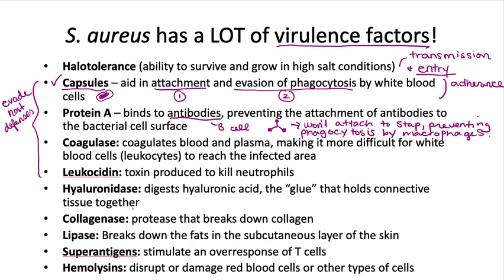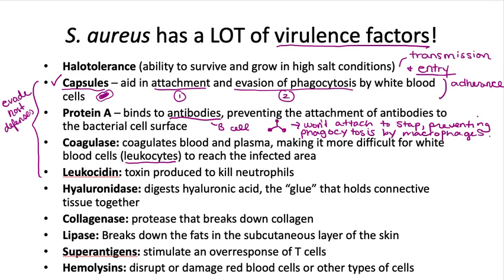Coagulase is a protein or an exoenzyme that coagulates blood and plasma. This thickening of the blood makes it more difficult for white blood cells to get to the infected area. And so just remember that a leukocyte is a general term for all of the different white blood cells.